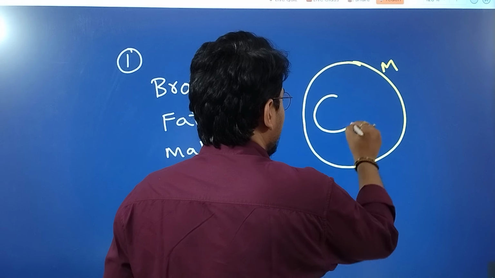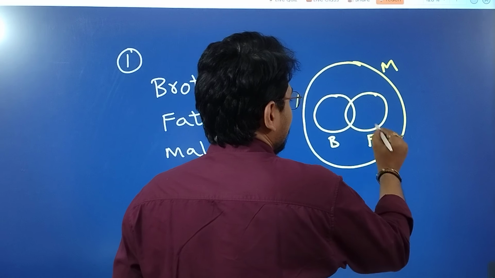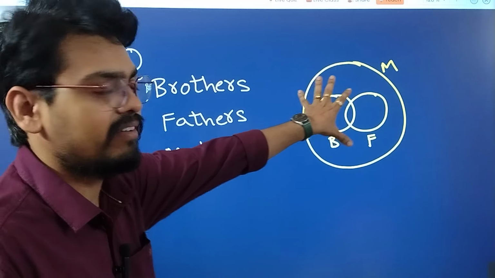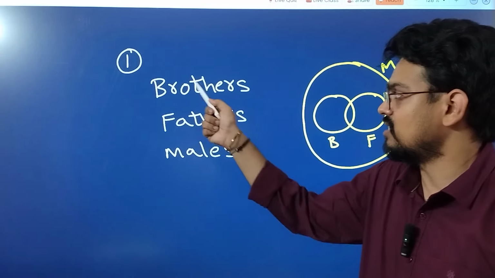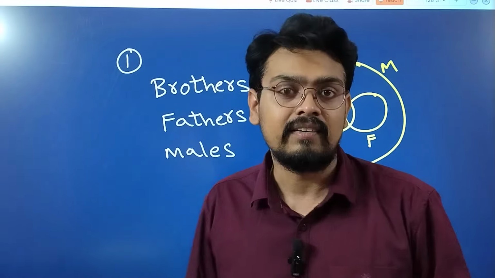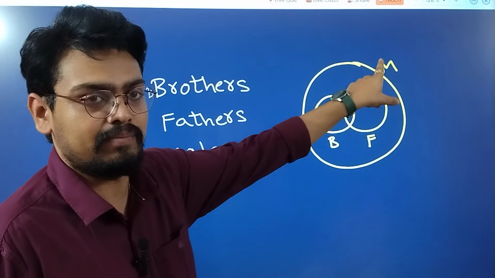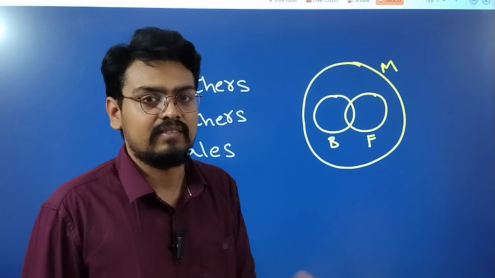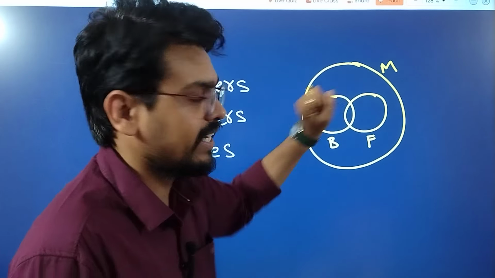One circle is brothers and another circle is fathers. Clear? So this is the Venn diagram of these three words. The outer circle represents male, and the inner circles are brothers and fathers. So the three words are represented in a single diagram.